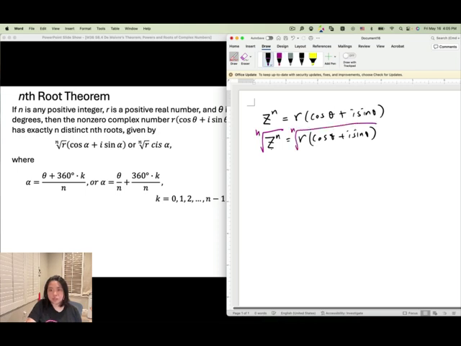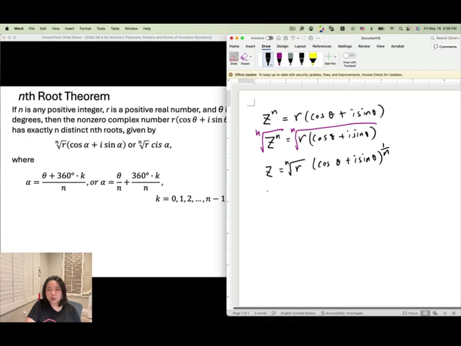On my left hand side, I cancel out, and this is going to be my complex number z. And this one will be the nth root of r, and then I will have cosine theta plus i sine theta. Instead of writing the nth root, I'm going to put 1 over n.